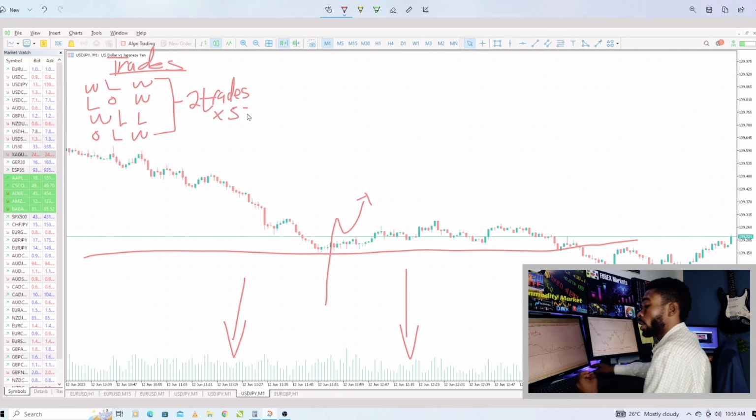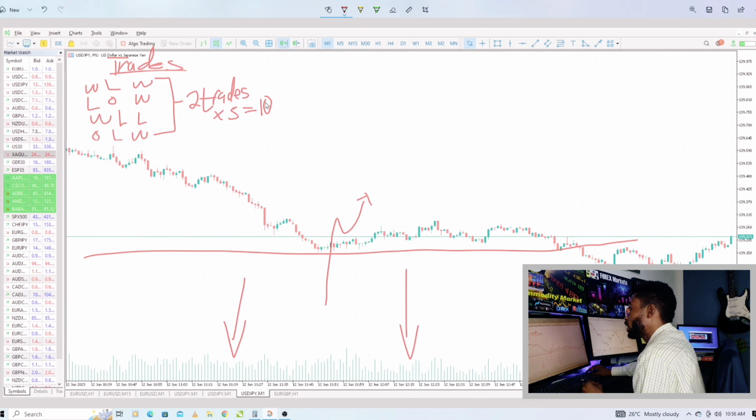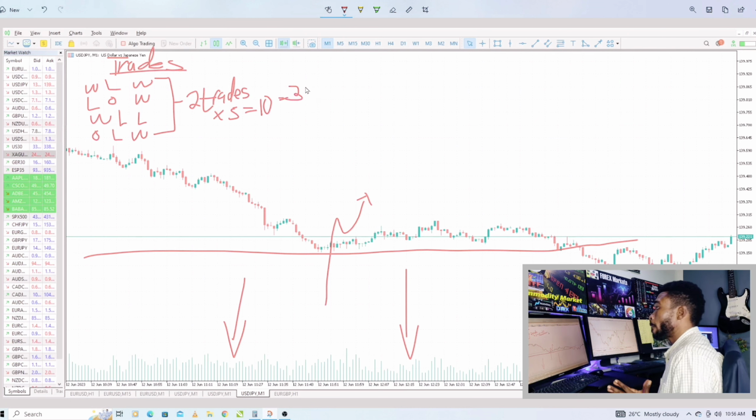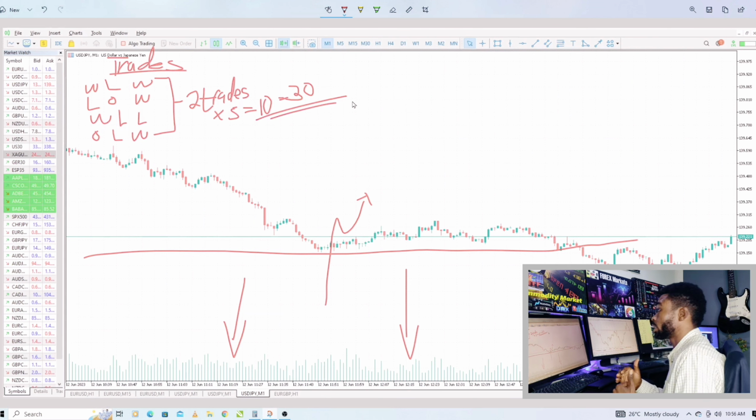That amounts to about 30 trades per month. But sometimes you can get 32 trades, sometimes 35 trades, sometimes 29 trades. It doesn't matter. So on average, 30 trades.